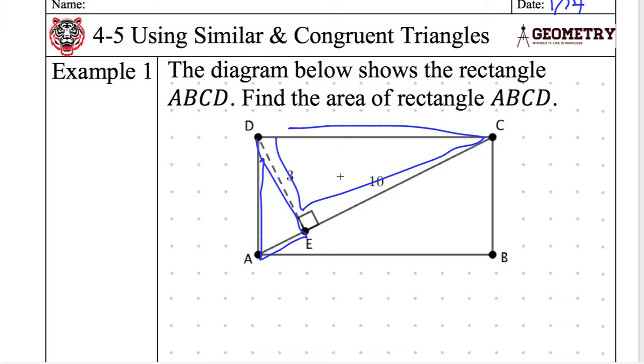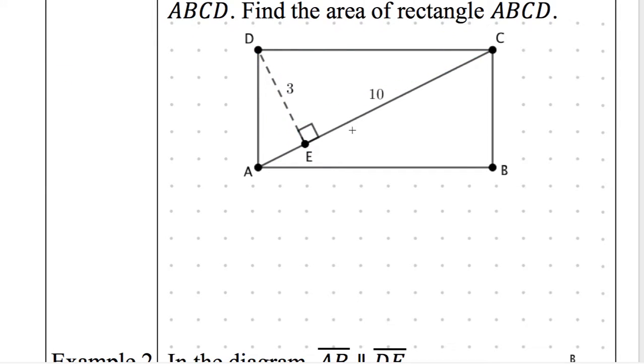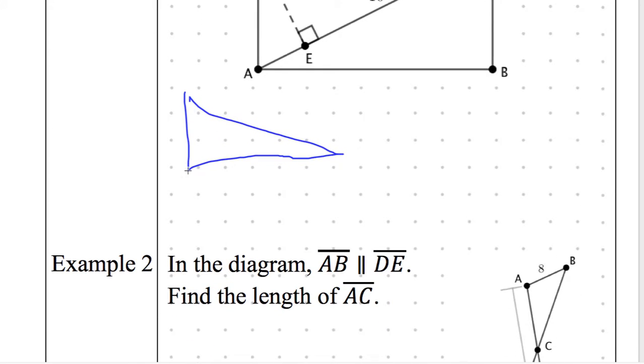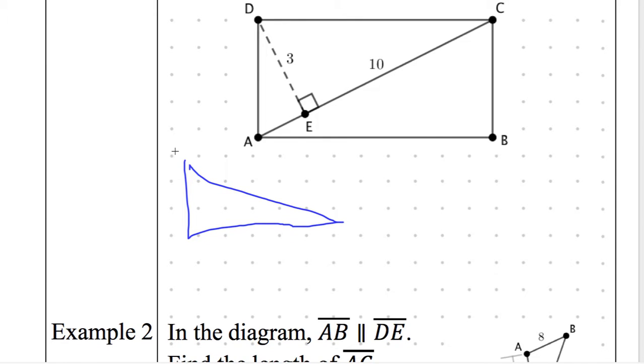So we're going to redraw these 2 triangles. Let's redraw it down here. So I'm going to draw a triangle DEC. Let me scroll down. So this is triangle DEC.